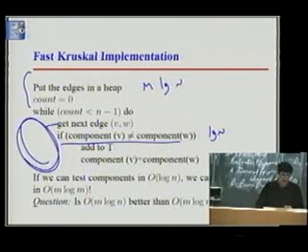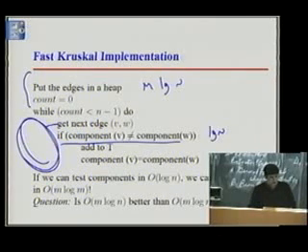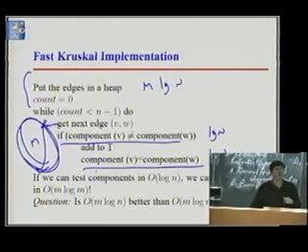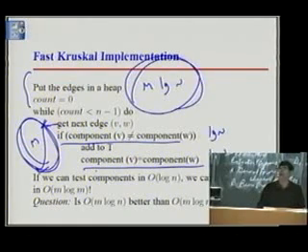If that took log n time, add that edge to the tree, meaning merge the components. If that took log n time, this loop would go around m times. If we could do these operations fast with a clever data structure, it would take order m log n time to find the minimum spanning tree.